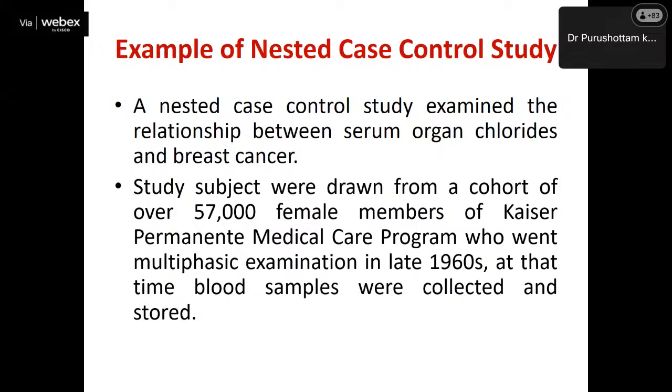In this study, the study subjects were drawn from a cohort of over 57,000 female members of the KP Medical Care Program who underwent multiphasic examination in the late 1960s. At that time, blood samples were collected and stored. See, here there are 57,000 females and the blood sample of every female was collected at that time and stored.